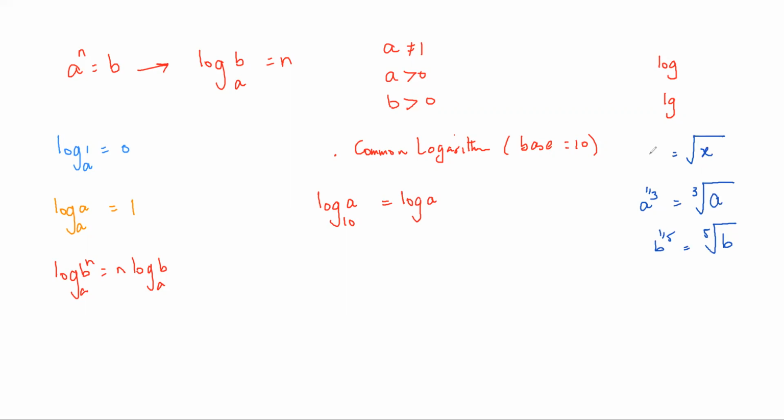But for the square root, which is x raised to power half, nothing is written, because the square root of x is used a lot, so there is a special notation. Similarly, this base 10 log is used a lot, so whenever we write log x, it is clear that this is log to the base 10 of x.